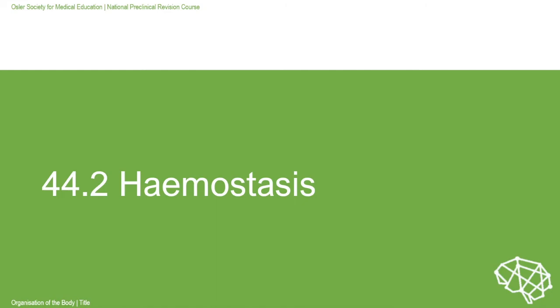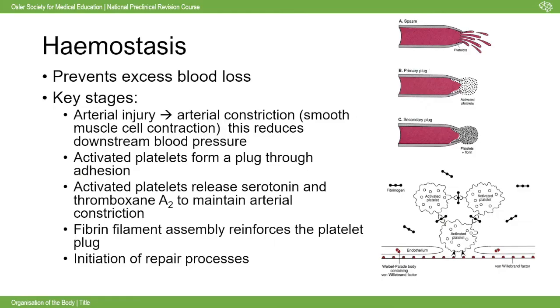Okay, so now moving on to hemostasis. Hemostasis is the process that produces blood clots in order to prevent excess blood loss. The key stages I've summarized here are your actual arterial injury occurring, and that leads to arterial constriction through smooth muscle cell contraction, and that reduces your downstream blood pressure.